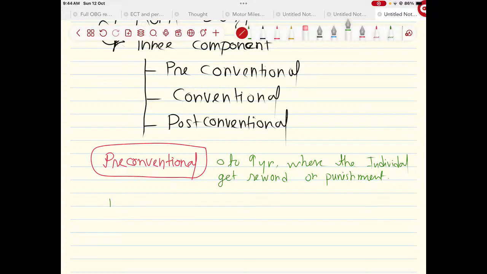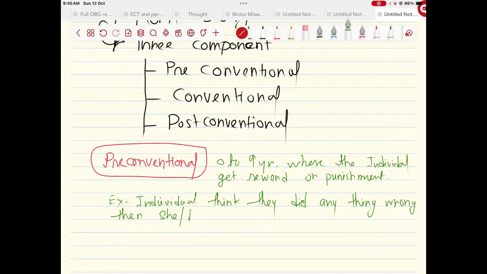For example, if the individual thinks they did anything wrong, then she or he gets punished. This is just a type of example.